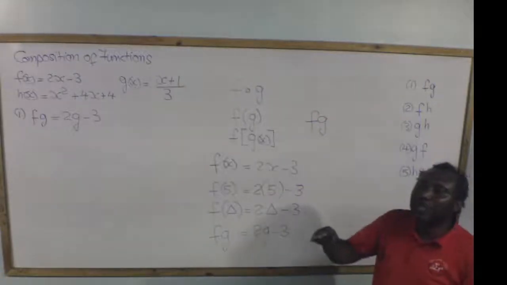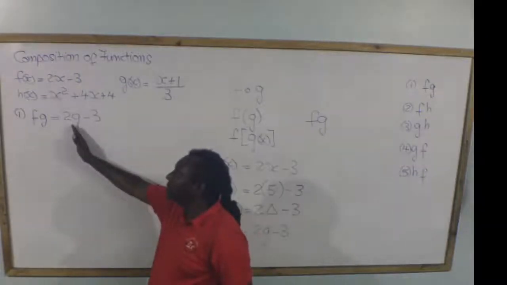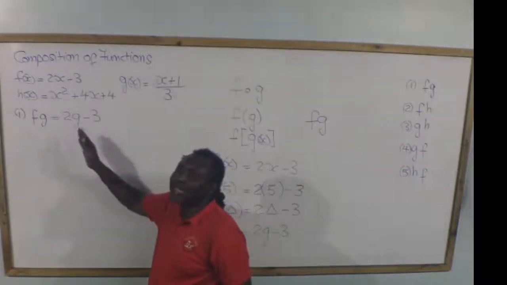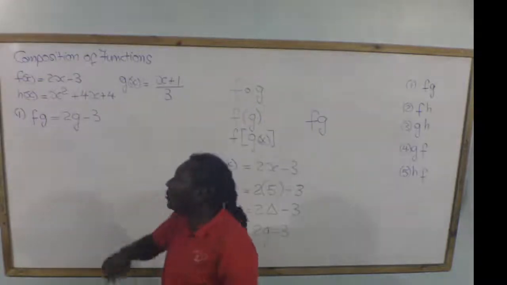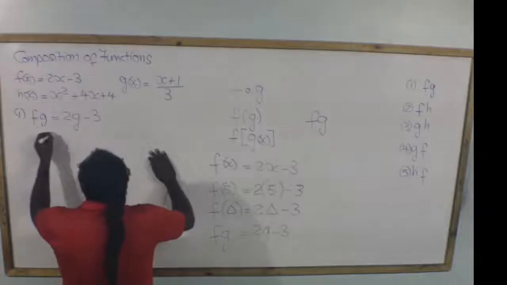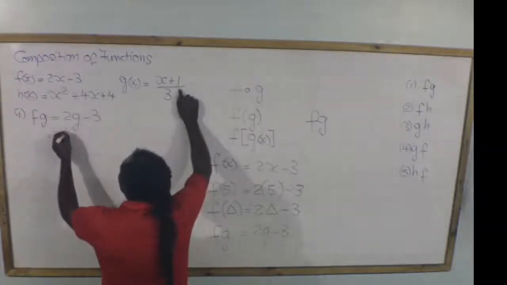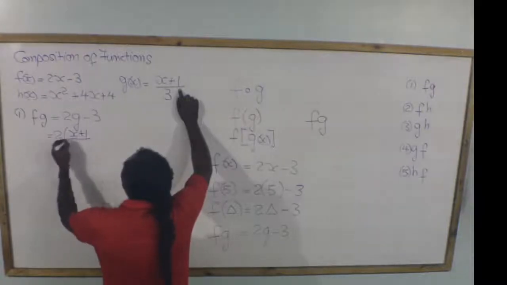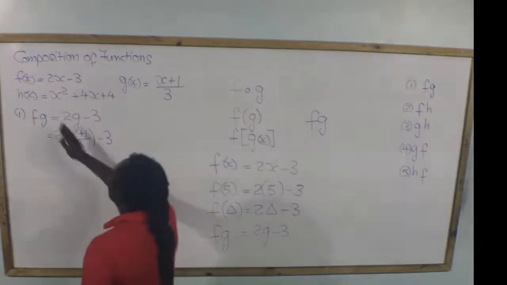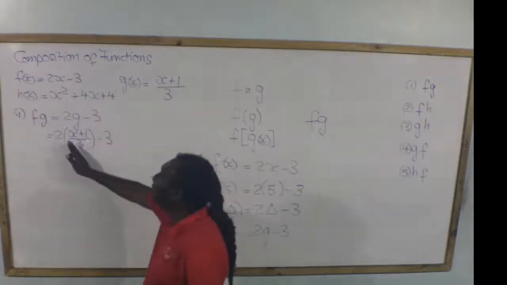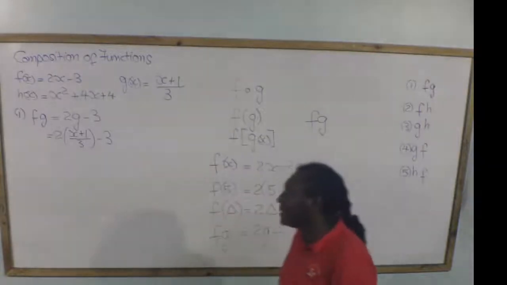What do we do then? Next, we substitute the algebraic expression of g. So we do the substitution next. After we have this step, which is correct, it is highly unlikely that we will make a mistake in the next one. So 2g, what is g? This: x plus 1 over 3, minus 3. So that is 2g minus 3, then we substitute the algebraic expression of g inside here.